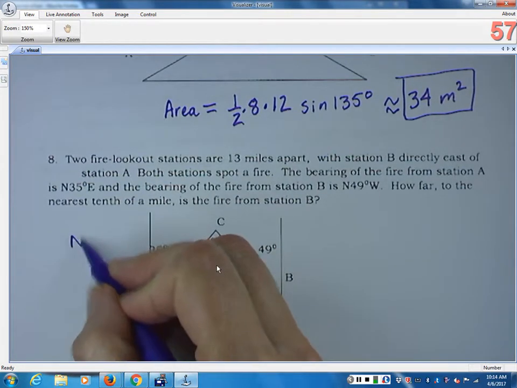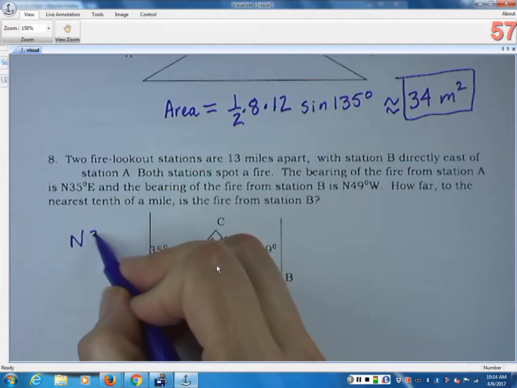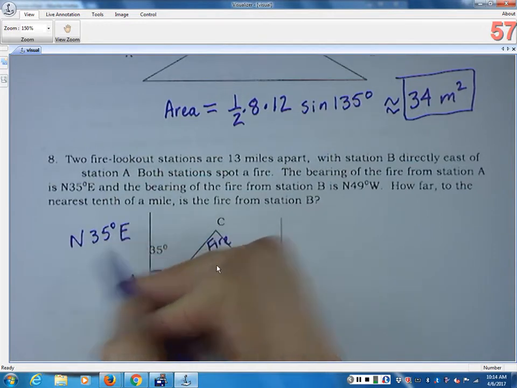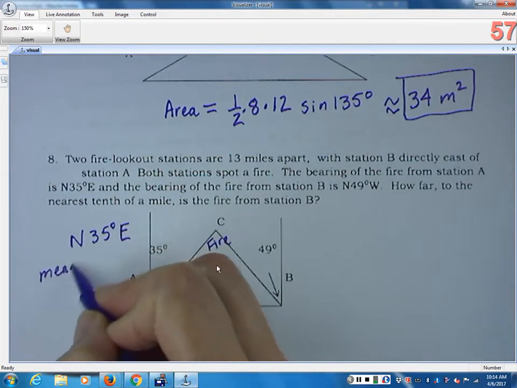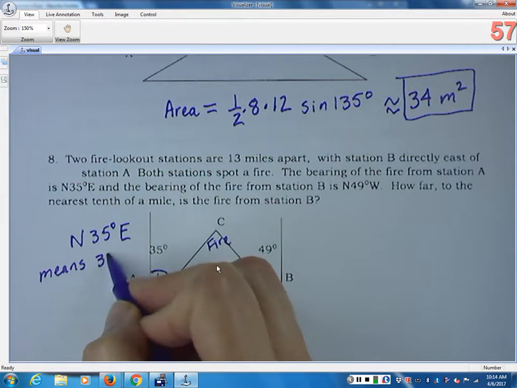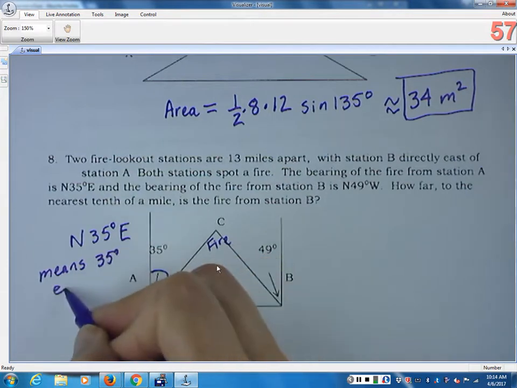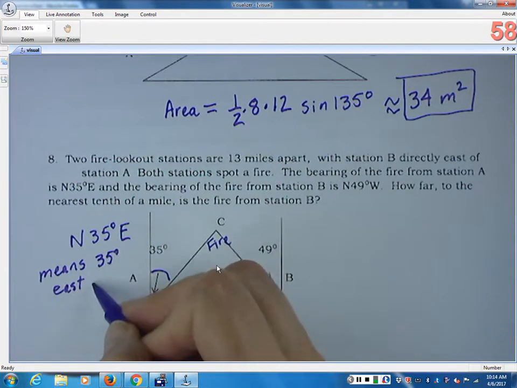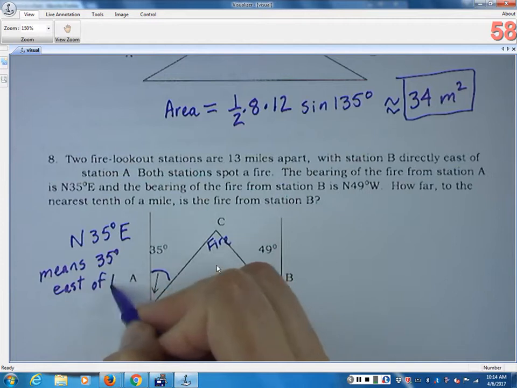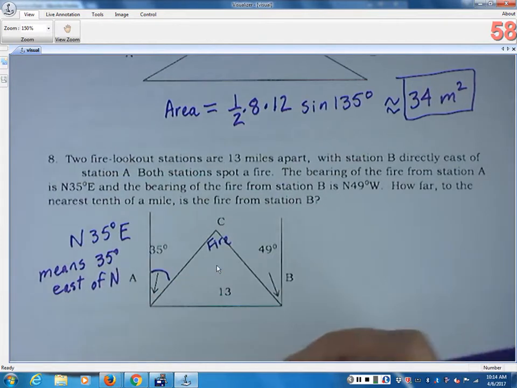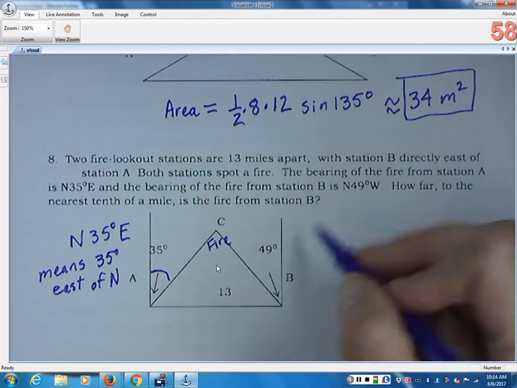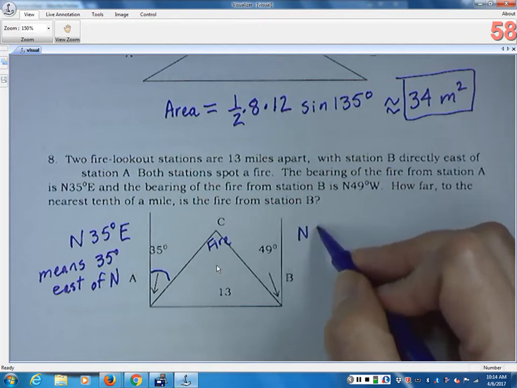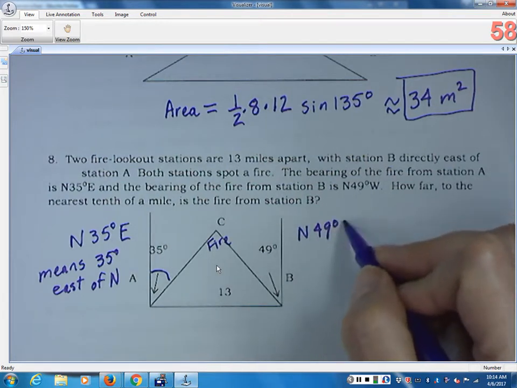North 35 degrees east means 35 degrees east of the north-south line. And then this one said it's north 49 degrees west.